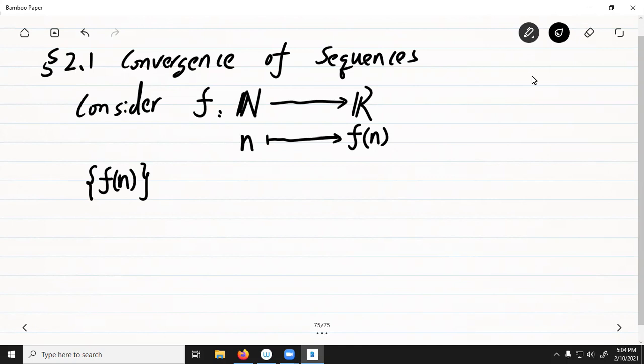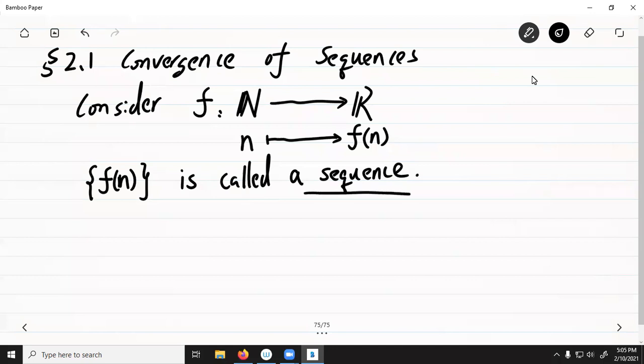This list of numbers is called a sequence.